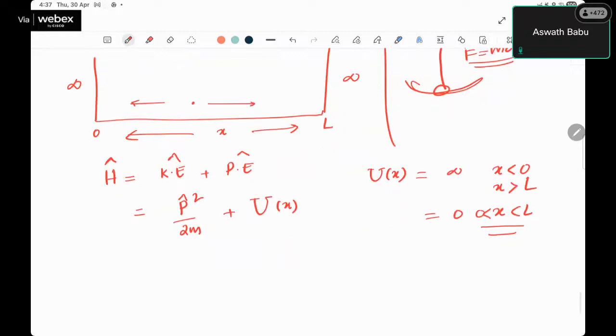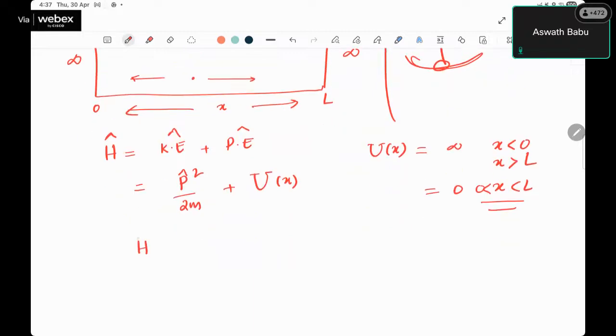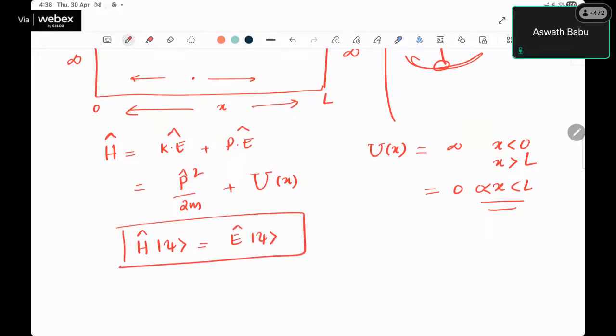Now I take H. Let's say a system exists in some quantum state psi, and I can find the energy with which this system can exist. This is the eigenvalue equation, which is in fact equivalent to the Schrodinger equation. How?